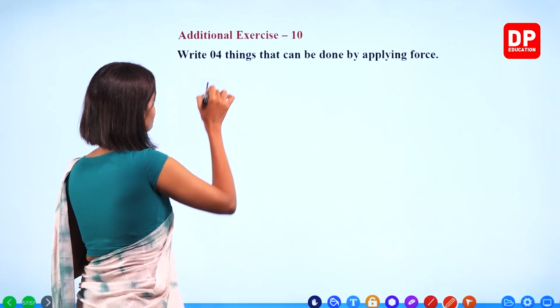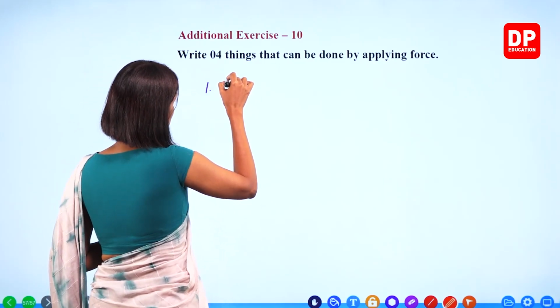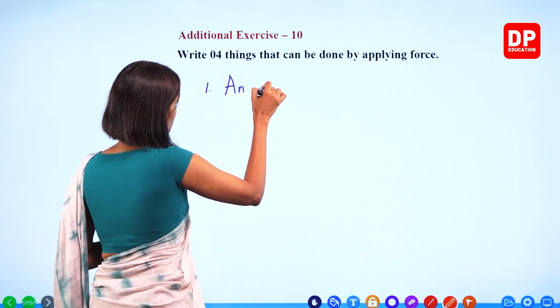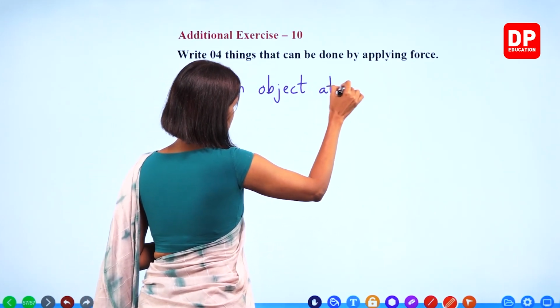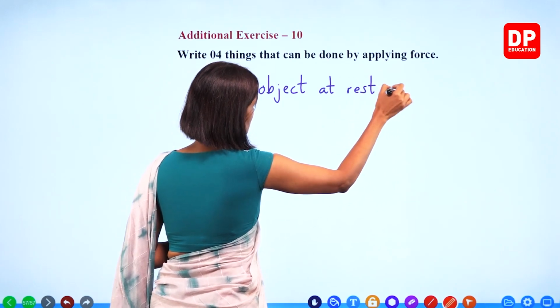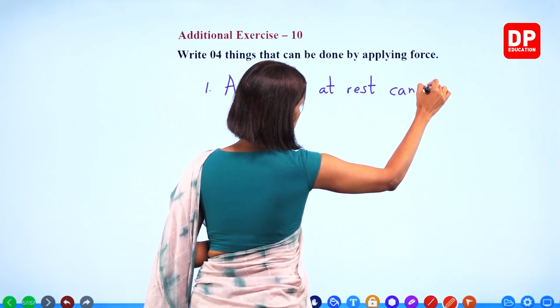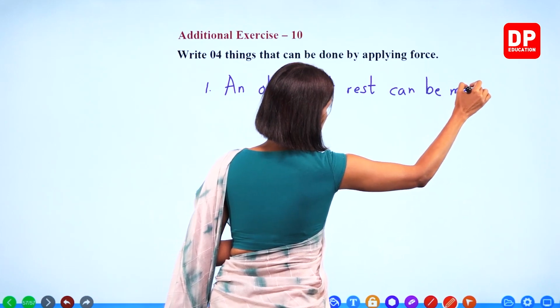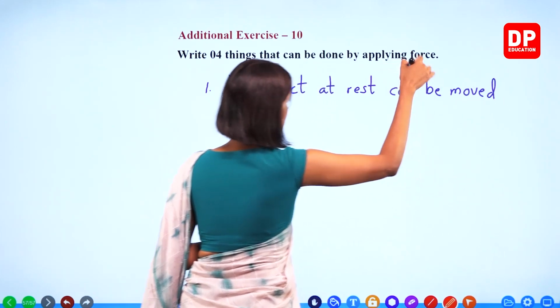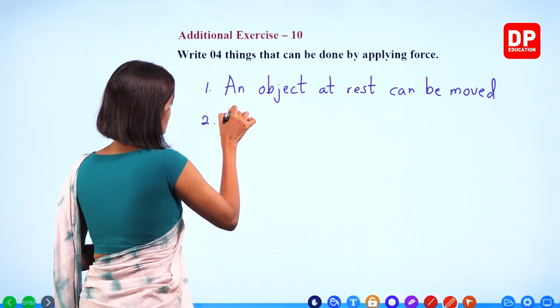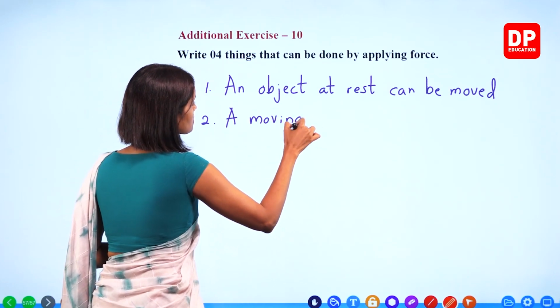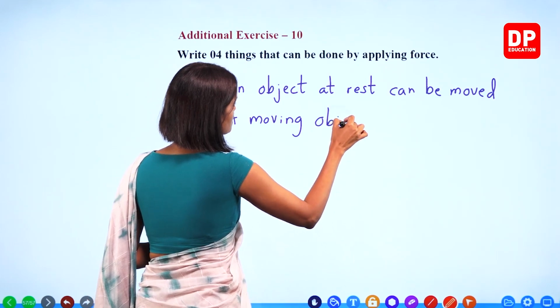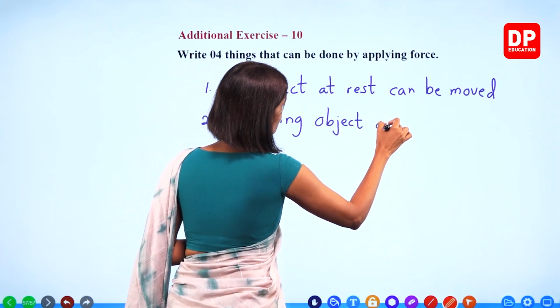Number 1. An object at rest can be moved. A moving object can be stopped.